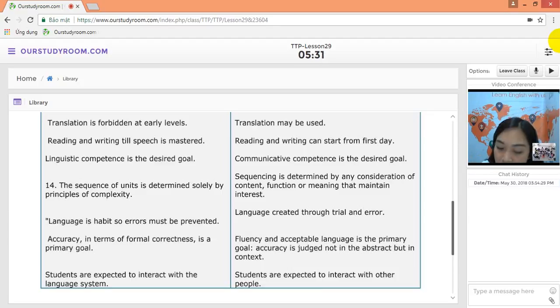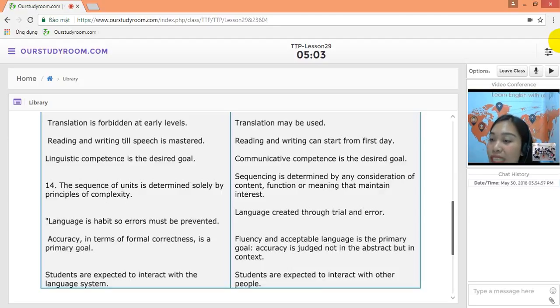Okay, next one, teacher Anna. Linguistic competence is the design goal, and communicative competence is the design goal. So, linguistic competence is the desired goal in audiolingual.